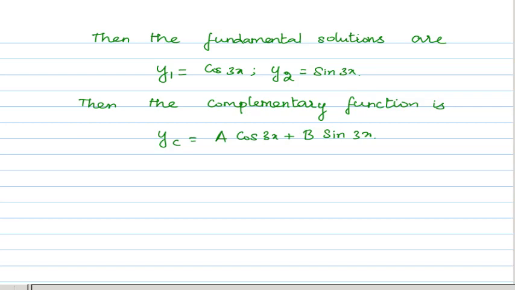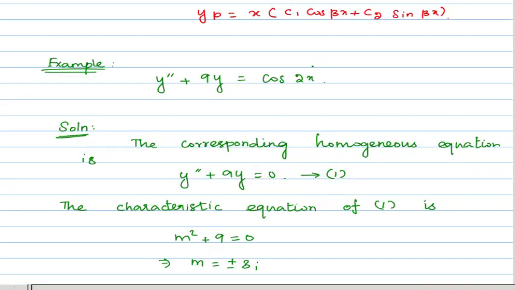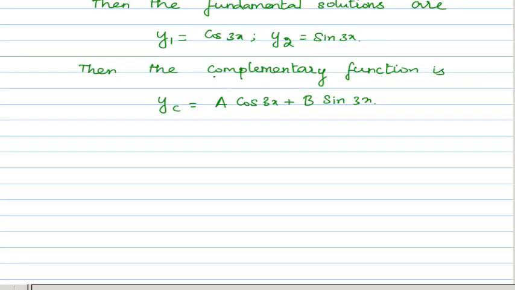Now my next aim is to find the particular integral, but the right hand side is given as cos 2x, and in the fundamental solution I have only cos 3x. So the choice of my yp is yp equals c1 times cos 2x plus c2 times sin 2x. This is my guess.